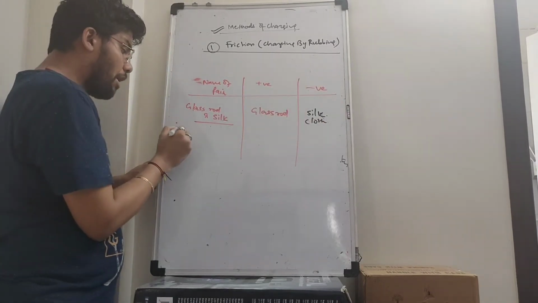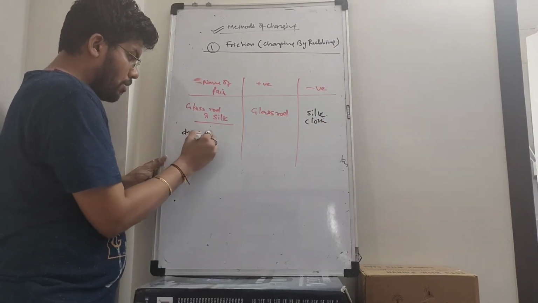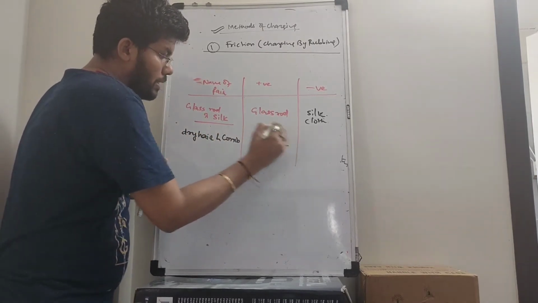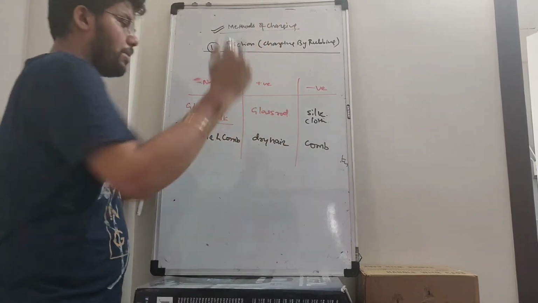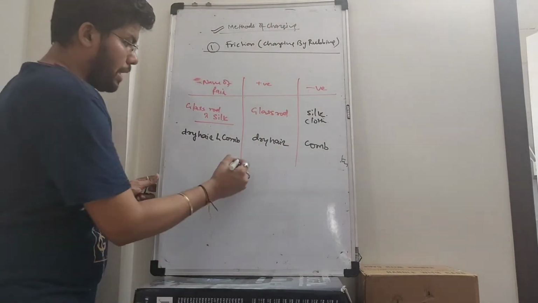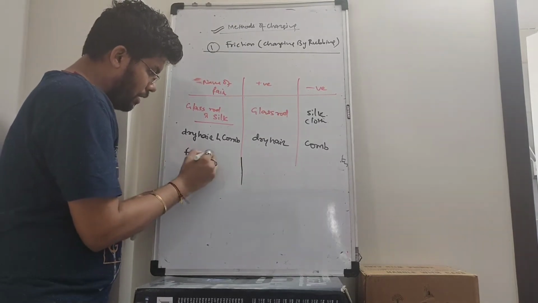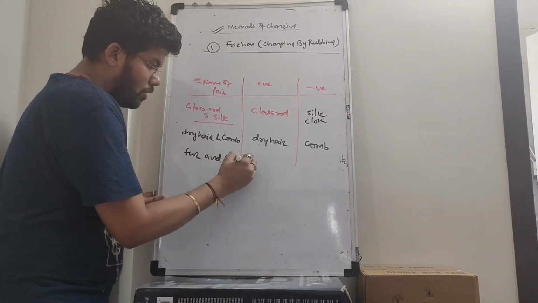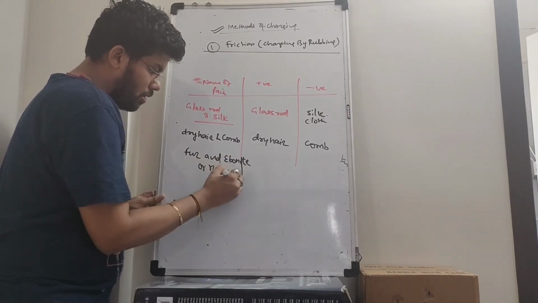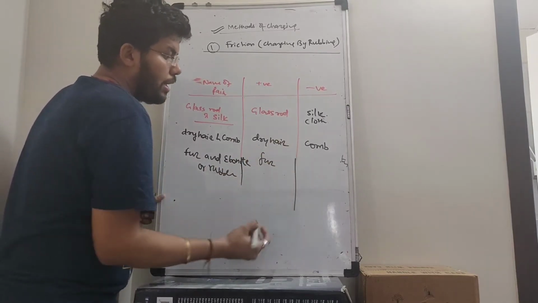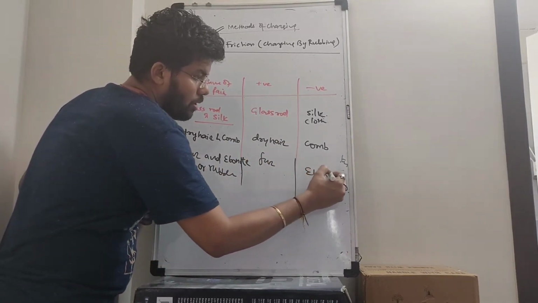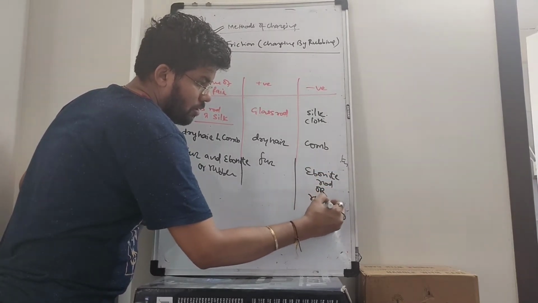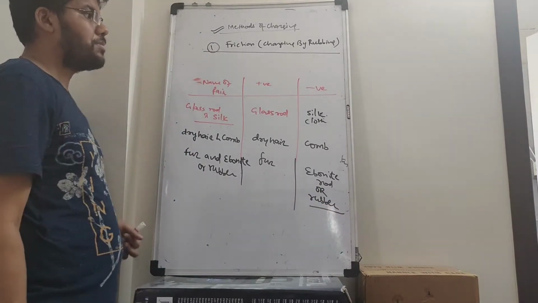Second, if I am taking dry hair and comb, then dry hair becomes positively charged and comb becomes negatively charged. Third, if I am taking fur and ebonite or rubber, then fur becomes positively charged and the ebonite rod or rubber becomes negatively charged.